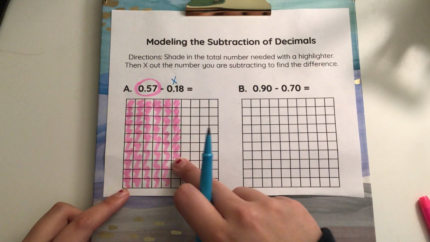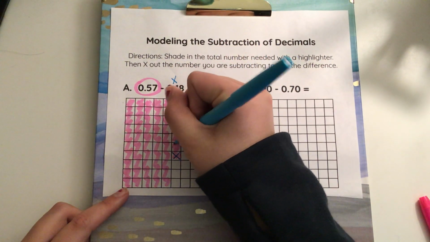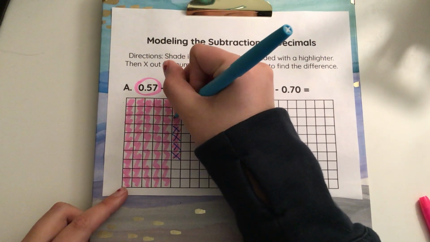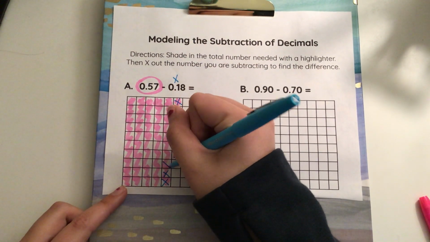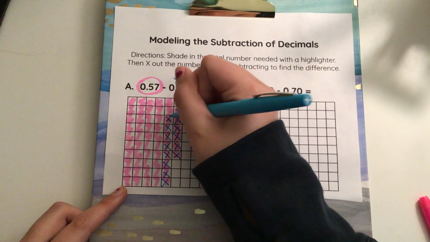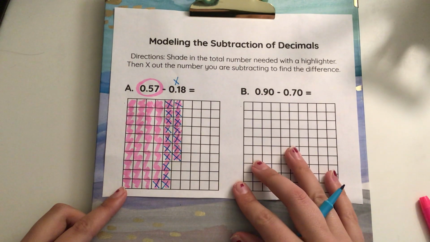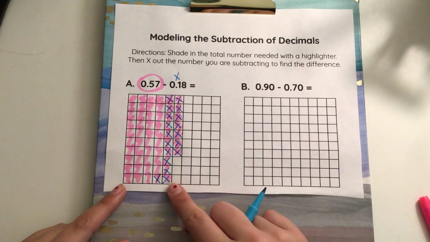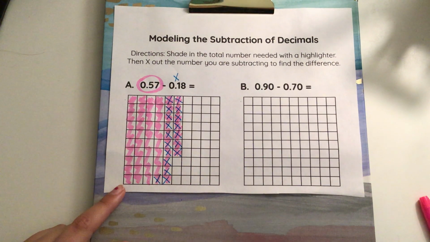So I like to start from the end and work my way back. So I'm going to cross off 1, 2, 3, 4, 5, 6, 7, 8, 9, 10, 11, 12, 13, 14, 15, 16, 17, 18. Okay, so I crossed off my 18 and now I need to figure out what is left.